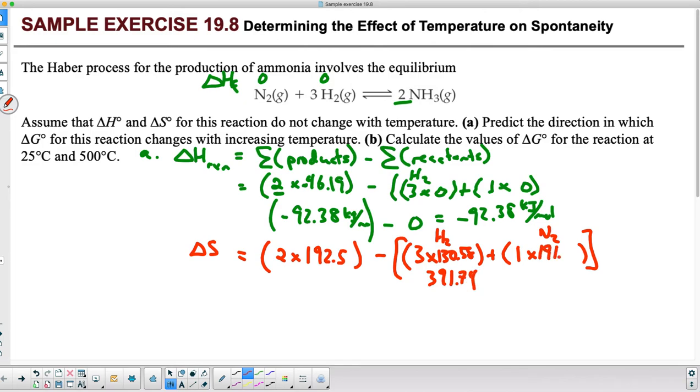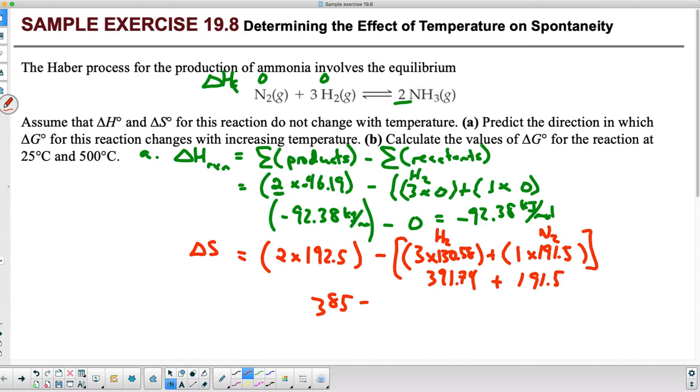And 191.5 gives me 191.5. Let me see if I can get this right. The whole thing adds up to, I think it's 570 something. Shoot, let me grab my phone and calculator so I can do this. I didn't actually write that number out.